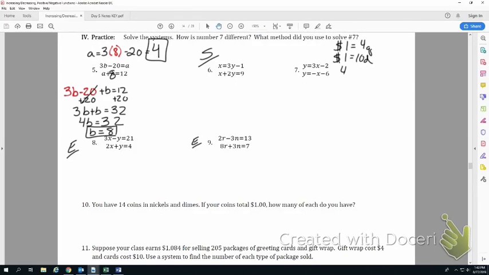Yes. So does 4 quarters equal 10 dimes? Yeah, it's all the same, right? It's all $1. It's just broken up differently. Same idea here. $1 equals 4 quarters, $1 equals 10 dimes. So 4 quarters is the same as 10 dimes, and you would solve it from there.